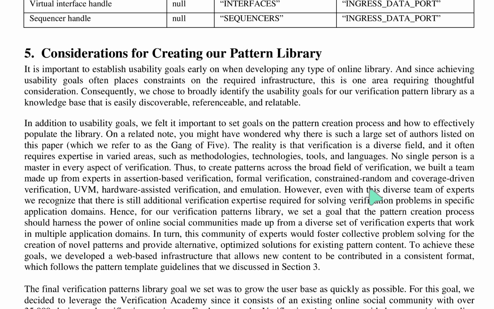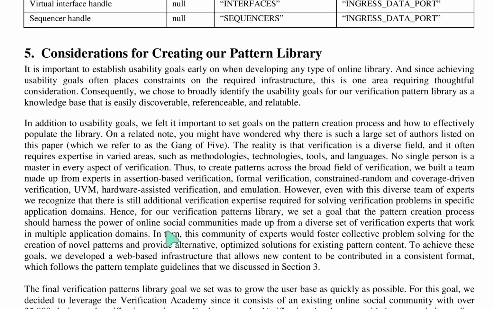However, even with this diverse team of experts, we recognize that there is still additional verification expertise required for solving verification problems in specific application domains. Hence, for our verification pattern library, we set a goal that the pattern creation process should harness the power of online social communities made up of a diverse set of verification experts that work on multiple application domains.